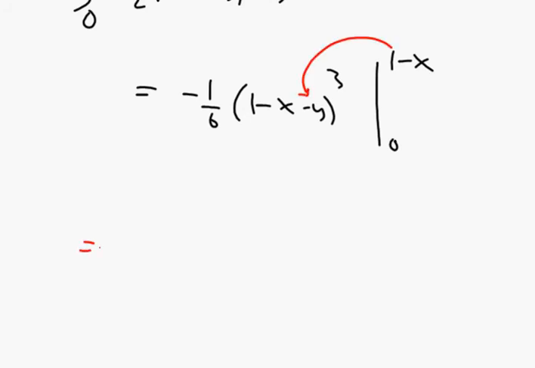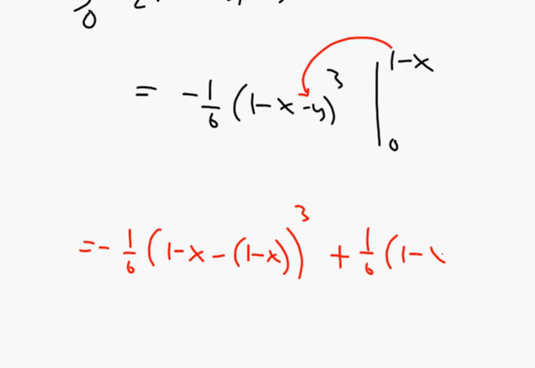So I'm going to get negative 1/6 of (1 minus x minus (1 minus x)) cubed. And then I'm going to plug in 0. So it actually becomes minus negative 1/6 plus 1/6 of (1 minus x), cubed. It would have been minus 0. So then it's really just this expression.